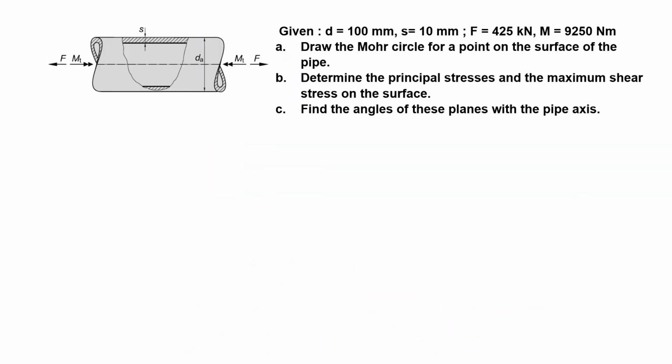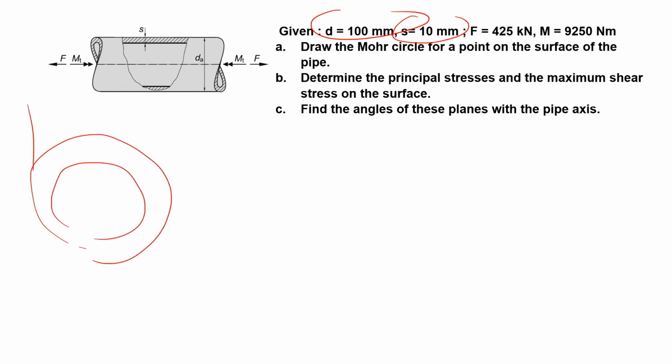In our next problem, we have a pipe. Diameter 100, wall thickness is 10, so the inner diameter will be 80 millimeters, and acting normal stress, which is along the axis of the pipe, and a moment also along the axis of the pipe.